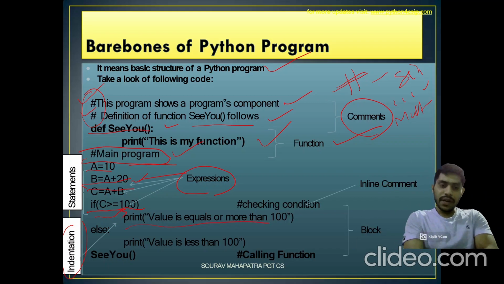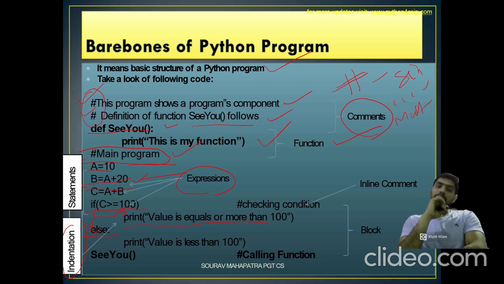Again they have given a particular space. So in a particular order you have to write the program, otherwise it will show you the error, indentation error. Clear my point?